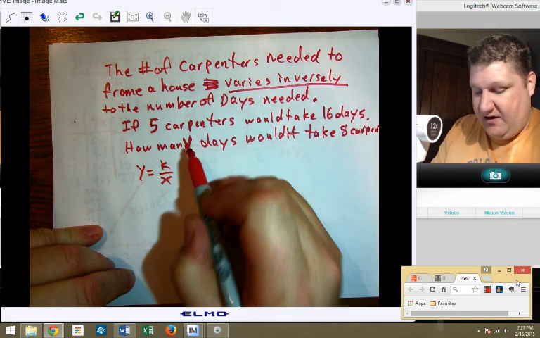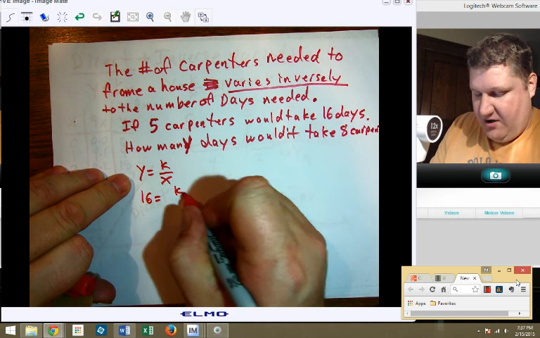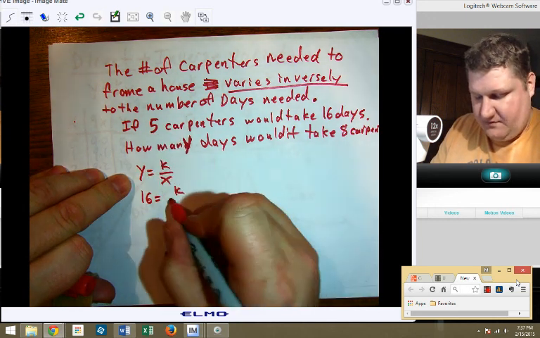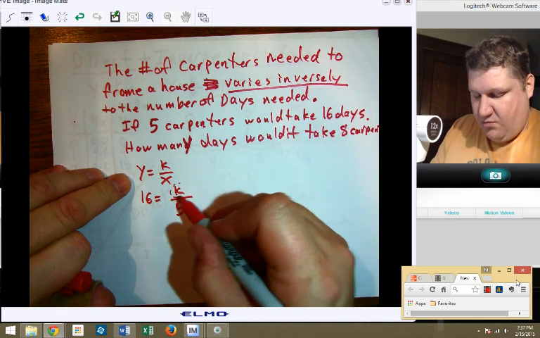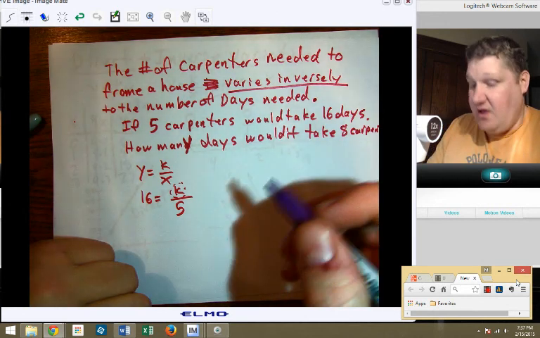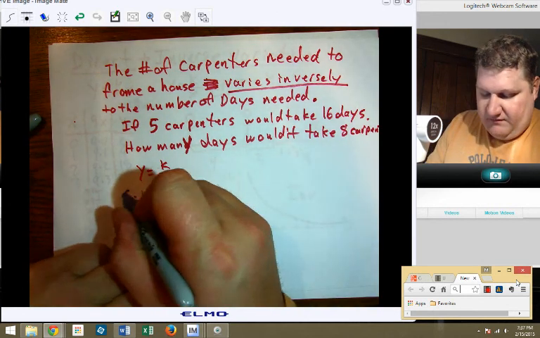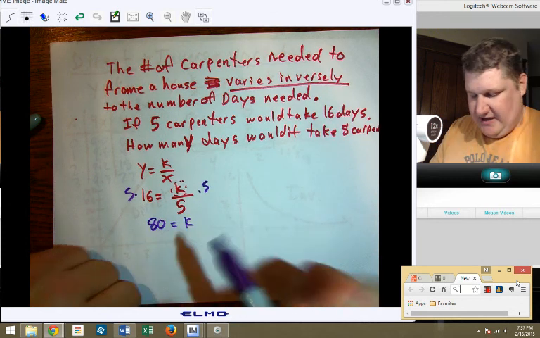The days are 16, for 5 carpenters. Now I need to figure out what k is. In order to move a divide by 5, I multiply both sides by 5. I come up with 80 equals k.